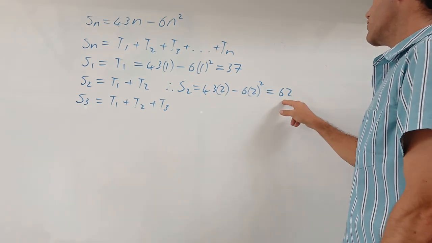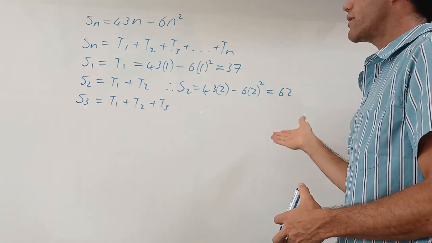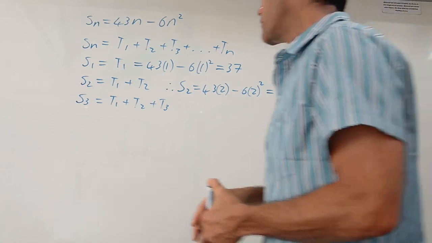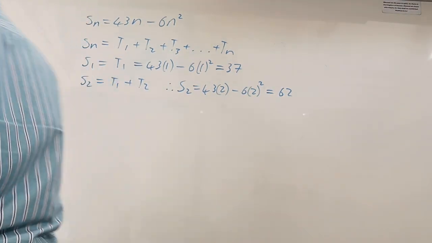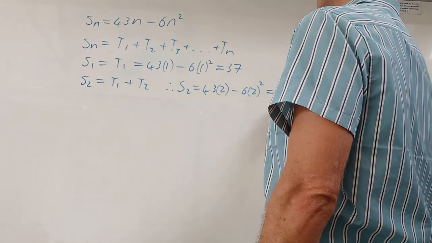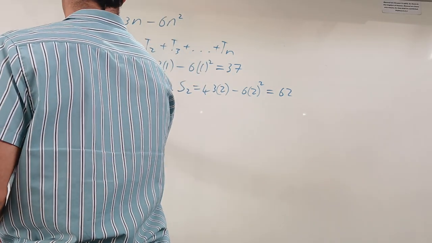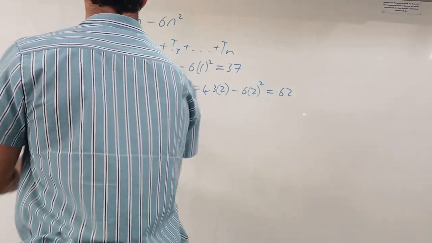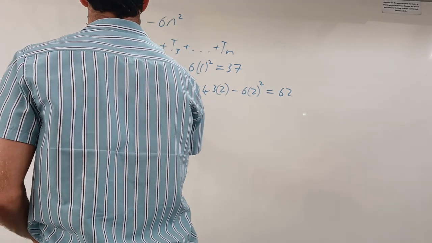Okay, think about it. S2 is 62. So what is term 2? Because we have to find term 1, term 2, and term 3. So what do you think term 2 is? If we know that S2 is 62, we can say therefore 62 is equal to term 1, 37, plus term 2.